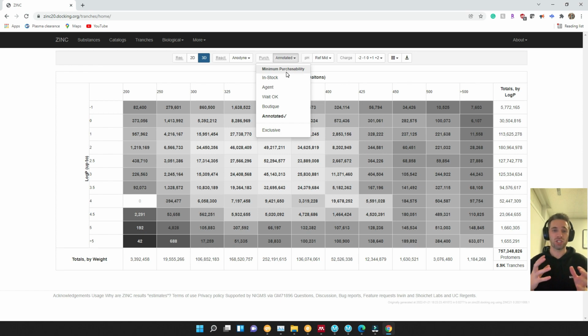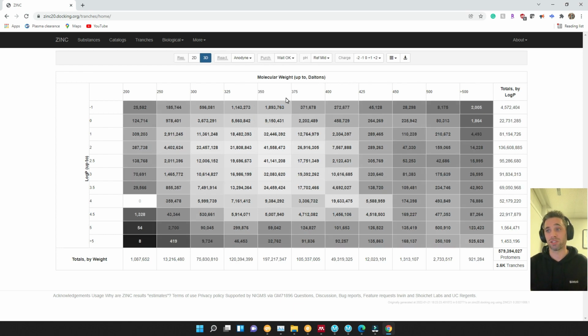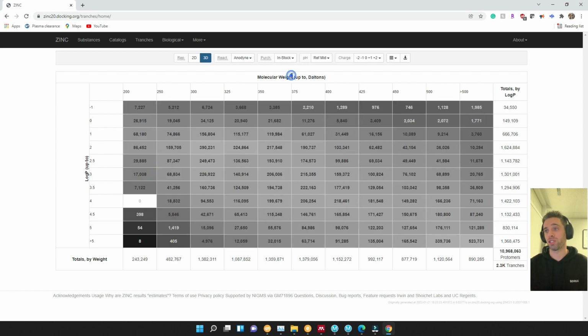For this screening, ideally what I like to use for a large scale screen is weight. This gives us a large range of molecules, but in learning how to run all this, I'm actually just going to use in stock compounds.